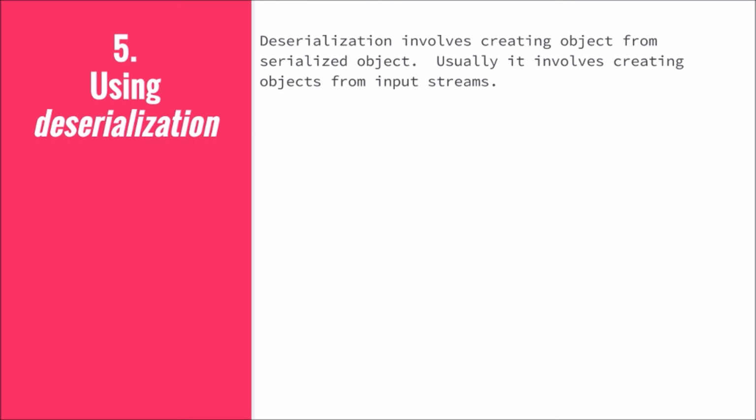Okay, that is serialization. Once that serialization has happened, that means the object has been converted to some kind of byte stream, right? Now if you want to read it back and assign it to another object, that is called deserialization. So let's see an example.